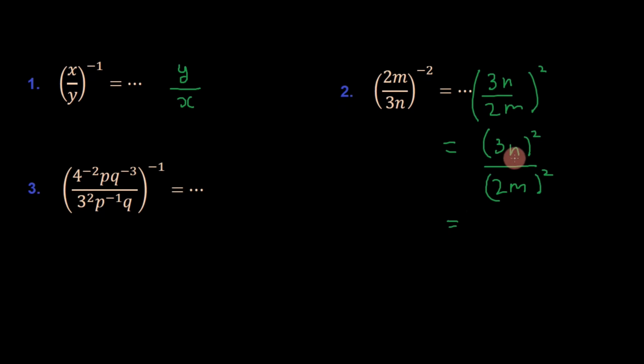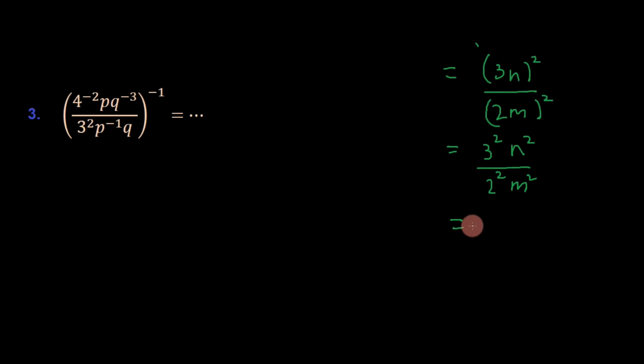And then 3n squared, we can apply the power outside the brackets to everything inside the brackets. So it's going to be 3 squared n squared. And we do the same in the denominator. It's going to be 2 squared m squared. And this, of course, is 9n squared over 4m squared.